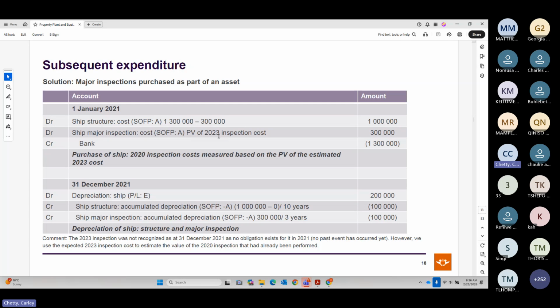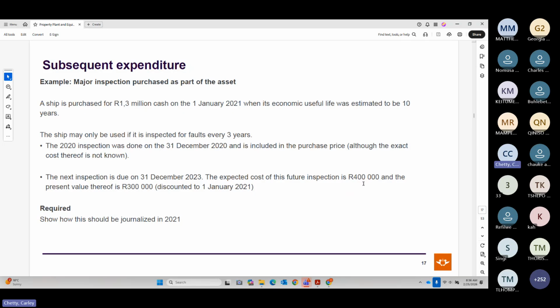For the ship major inspection, we used an estimate of the 300,000 Rand, discounted to 1 Jan 2021. They told us that for the 2020 inspection, the exact cost was not known. So we are using an estimated cost of a future inspection.